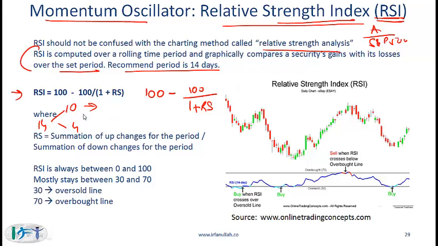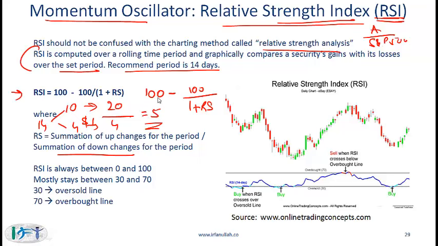That's a big number, but just for illustration. So overall, the up move was 20. And let's say every time it went down by $1. So the overall sum for the down changes would be equal to 4, because here the change is $1 every time it goes down. So RS then is 20 over 4, which is 5.